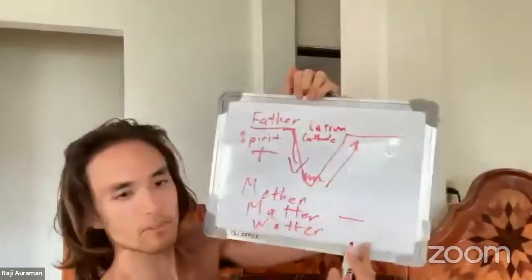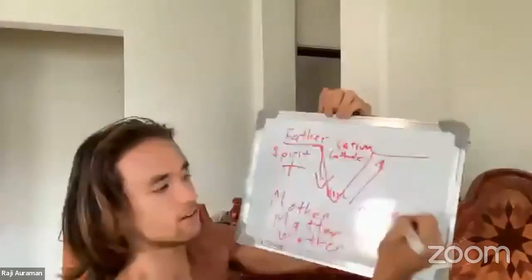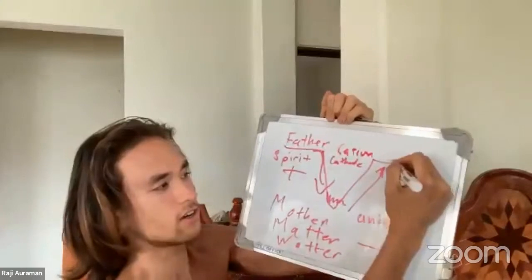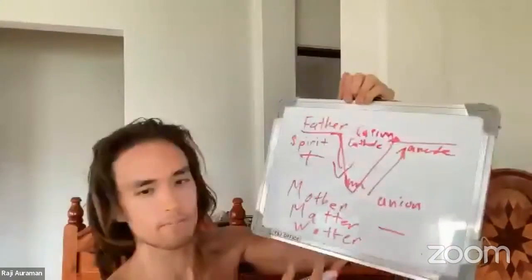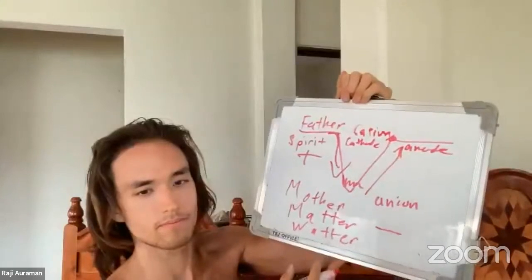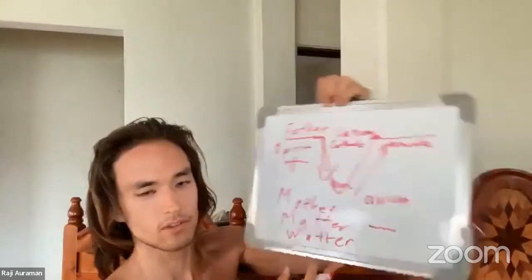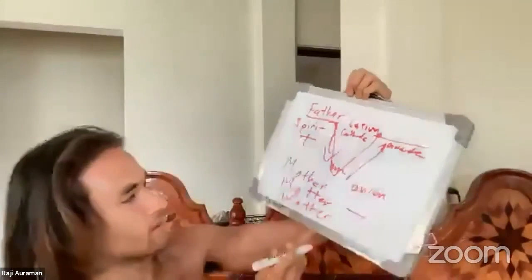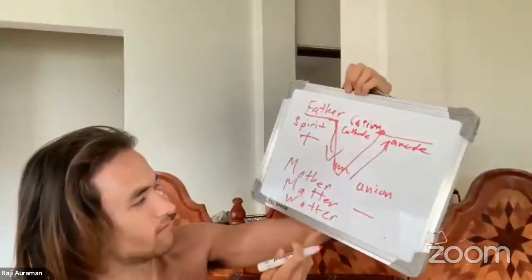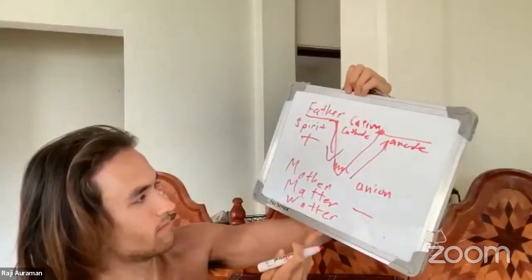She is the anion, going to the top, the anode, the peak of the mountain. So we have to take this into account when I'm making this comparison. So the Mother, again, is negatively charged.